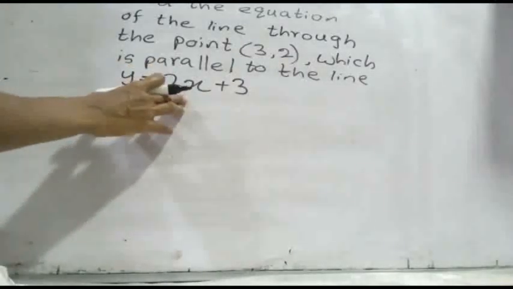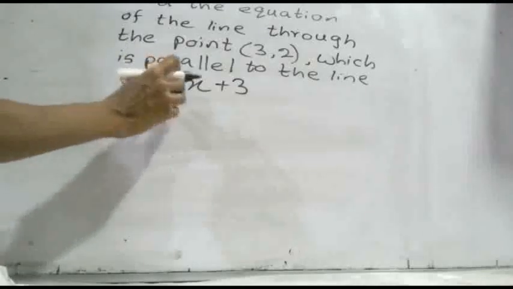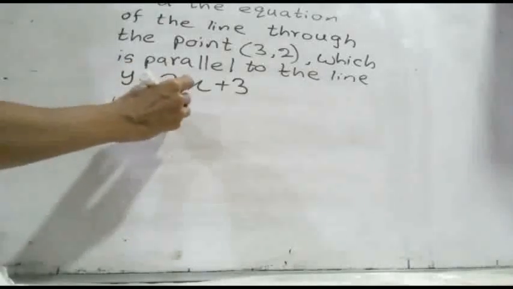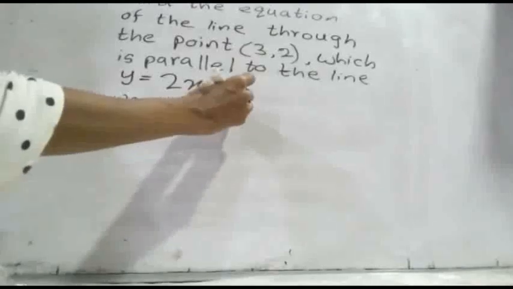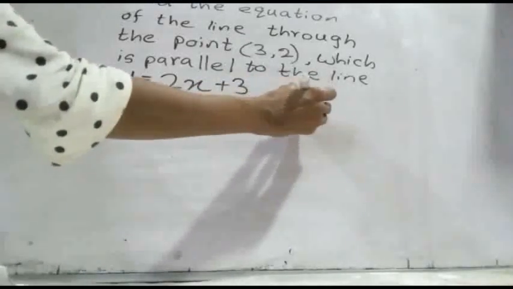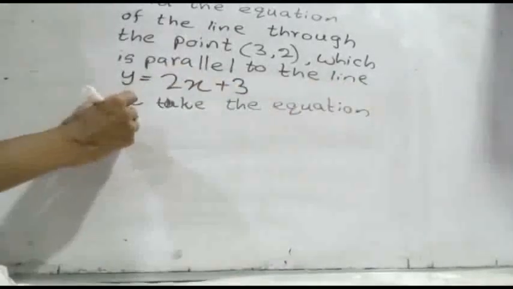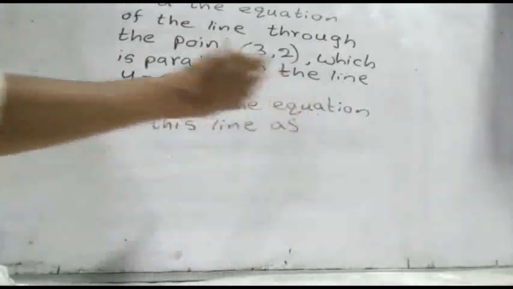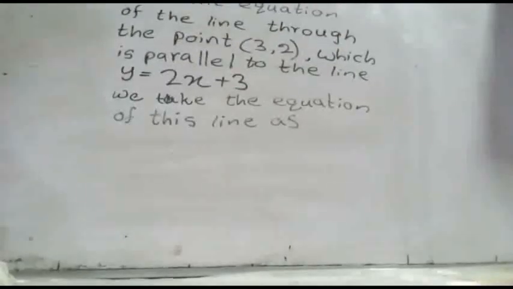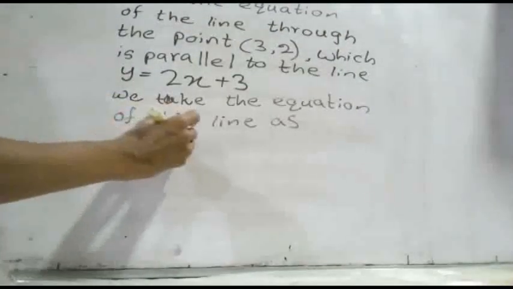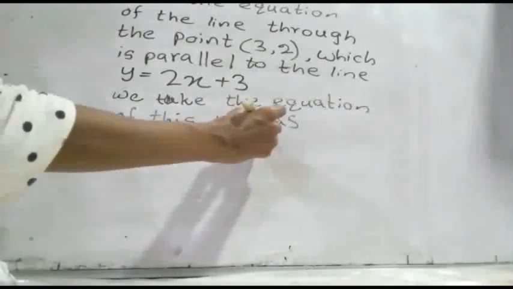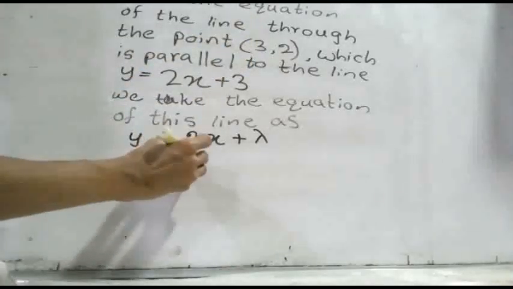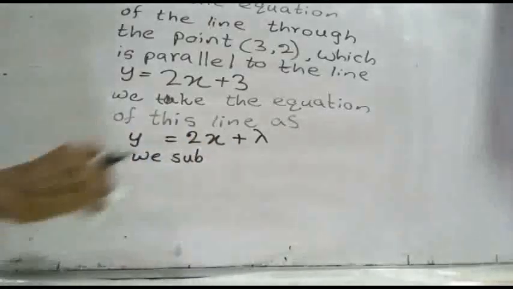Parallel lines have equal gradients, so we take the equation of this line as y = 2x + lambda, and we find lambda by substituting.